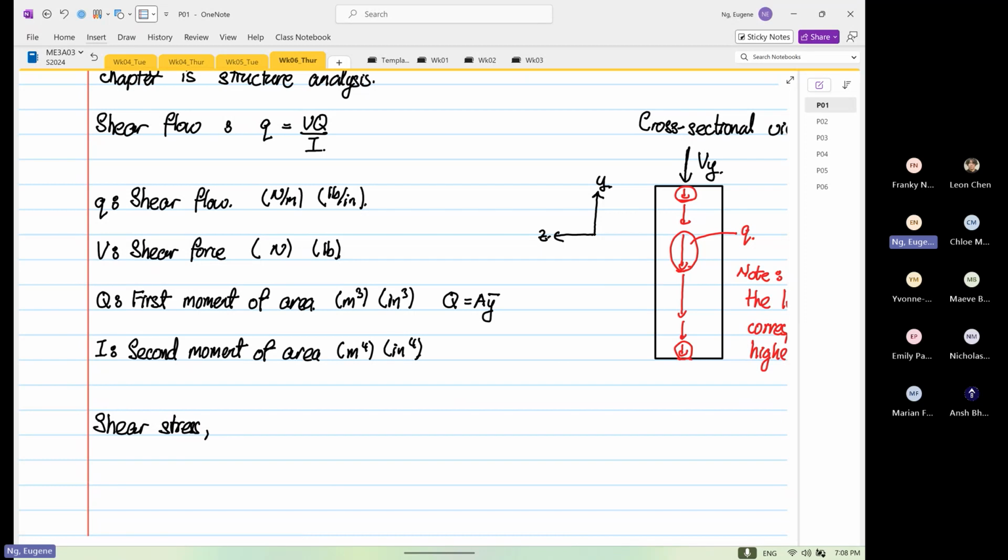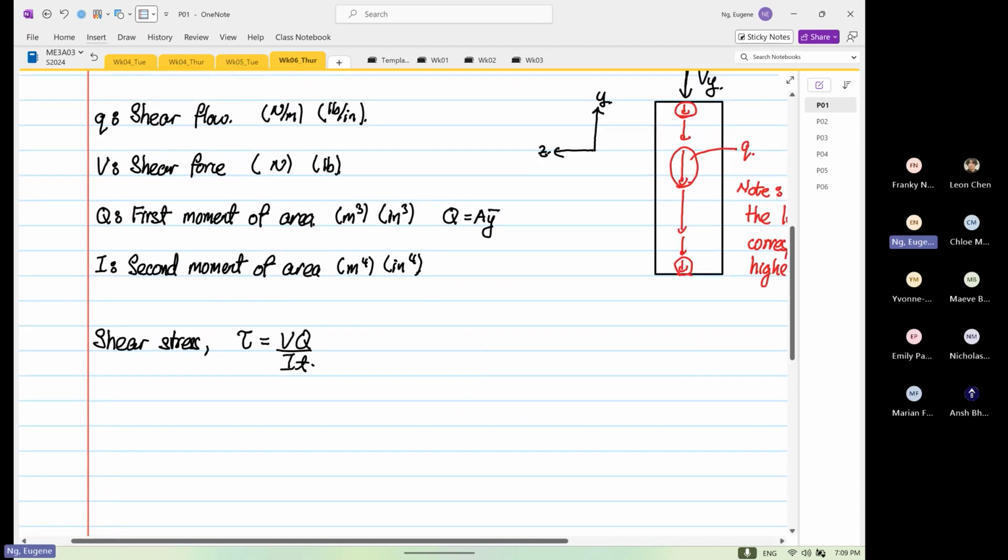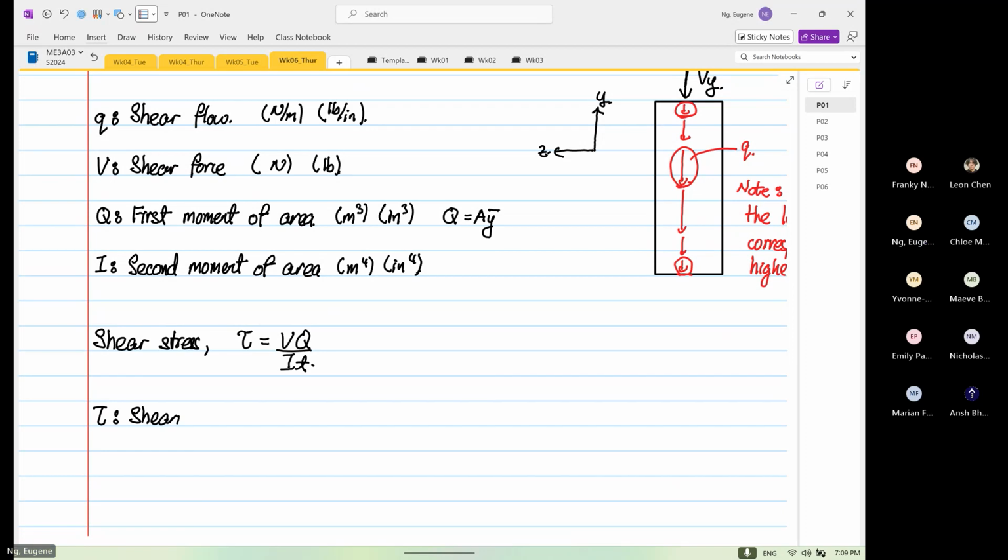So the shear stress formula is tau is equal to VQ over IT, right? So tau represents our shearing stress, and it is in Newton per meter squared or pounds per square inch.